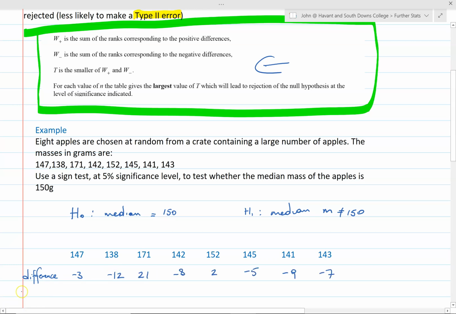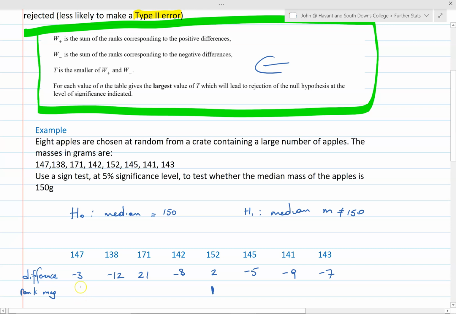And we rank the magnitudes. It's the magnitudes that matter here, so whether it's negative or positive we ignore. In other words, it's how big it is, so we take out the negative. The smallest magnitude is the 152, which has a difference of only 2. So that's the smallest, which is rank 1.